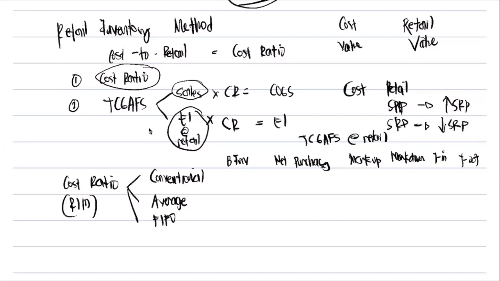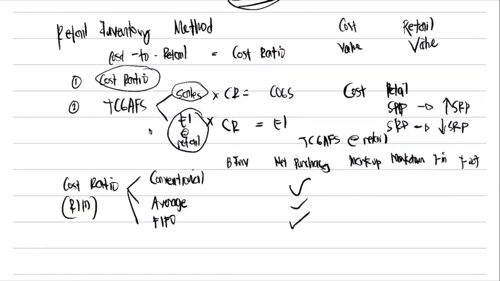Of course, net purchases are included in all three items: average, conventional, and FIFO. Transferred in and transferred out are included also in the computation. How about beginning inventory? For beginning inventory, only conventional and average. You do not include beginning inventory for your FIFO.